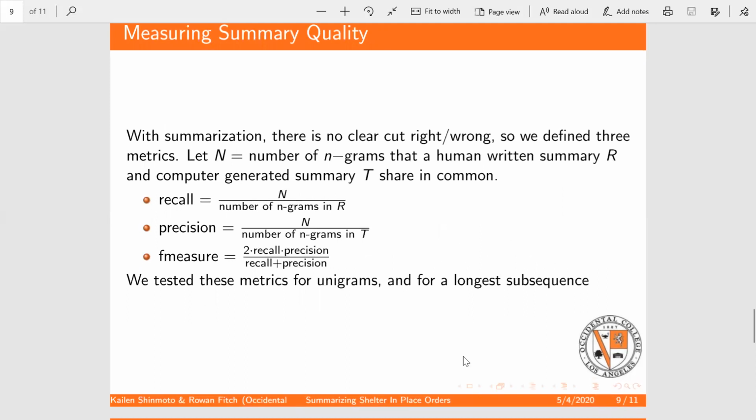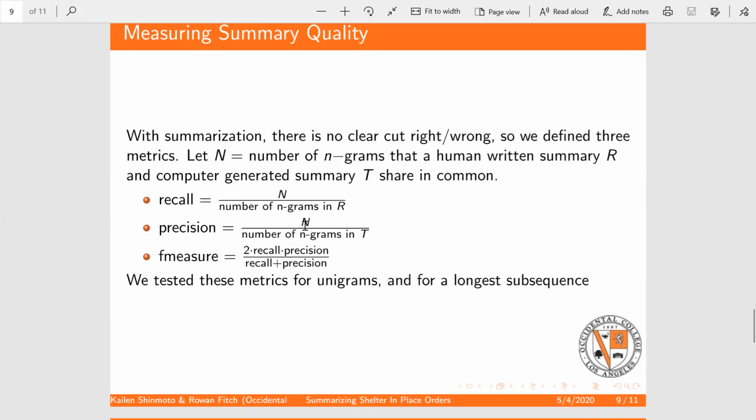With a summary, it's harder to define what is a right summary or a wrong one. So instead we came up with these 3 metrics. If you let n equal the number of n-grams that a human-written summary R and a computer-generated summary T share in common, then we define recall as the number of common n-grams divided by the total number of n-grams in R, the human summary.